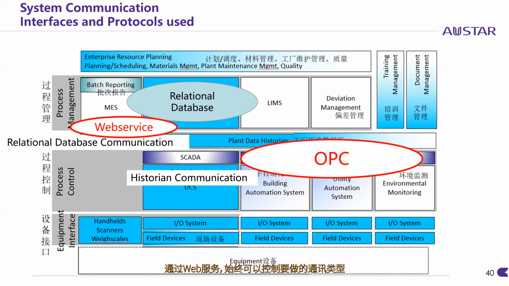With a web service, you can always control what type of communication you have to the database itself and have some isolating layer between the outside world and your database, so you can guarantee the integrity of it.